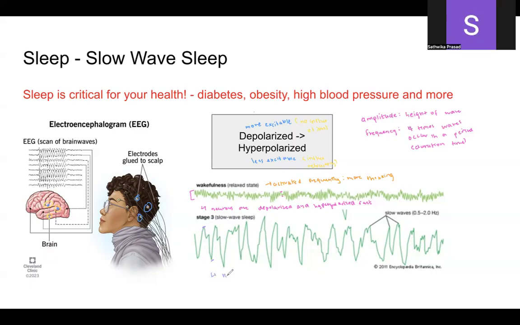Okay, so neurons are depolarizing to hyperpolarizing slower, which means you're not thinking as much, right?